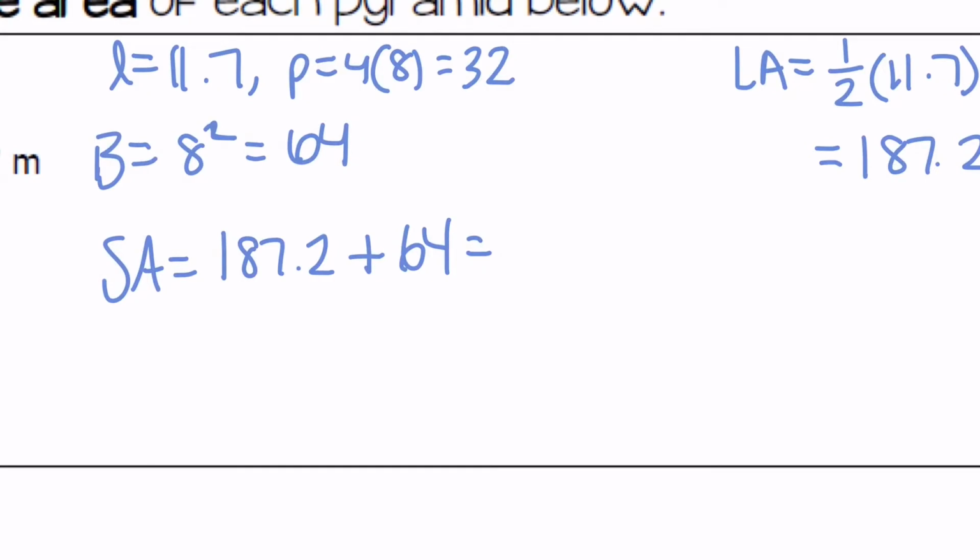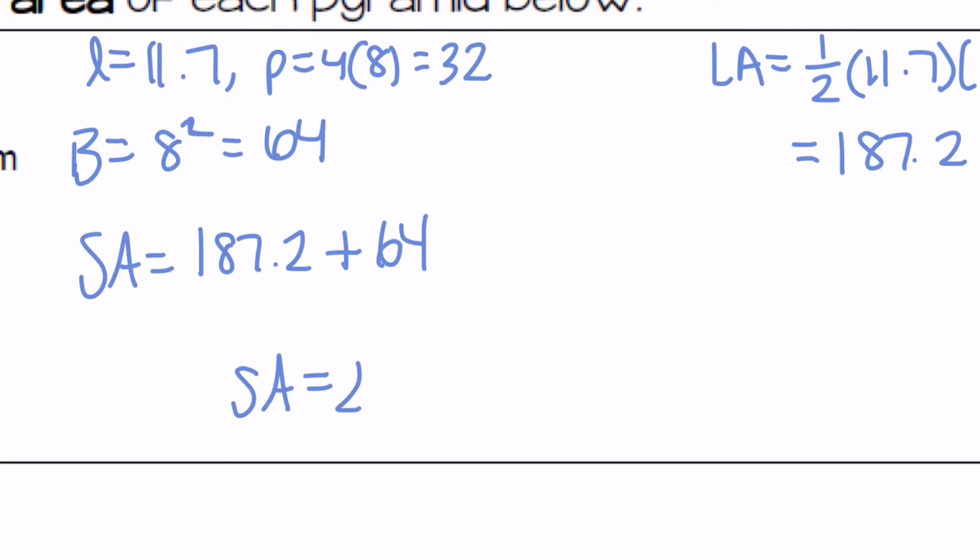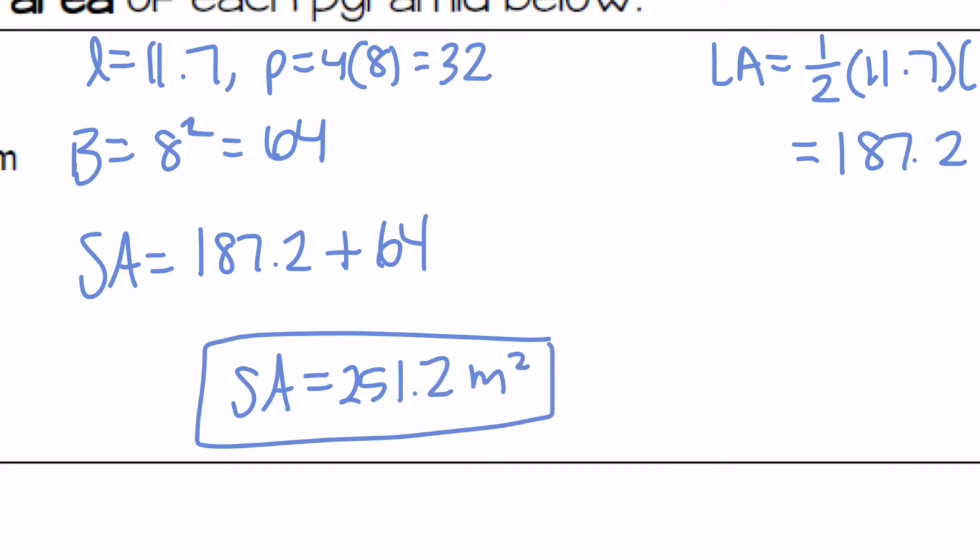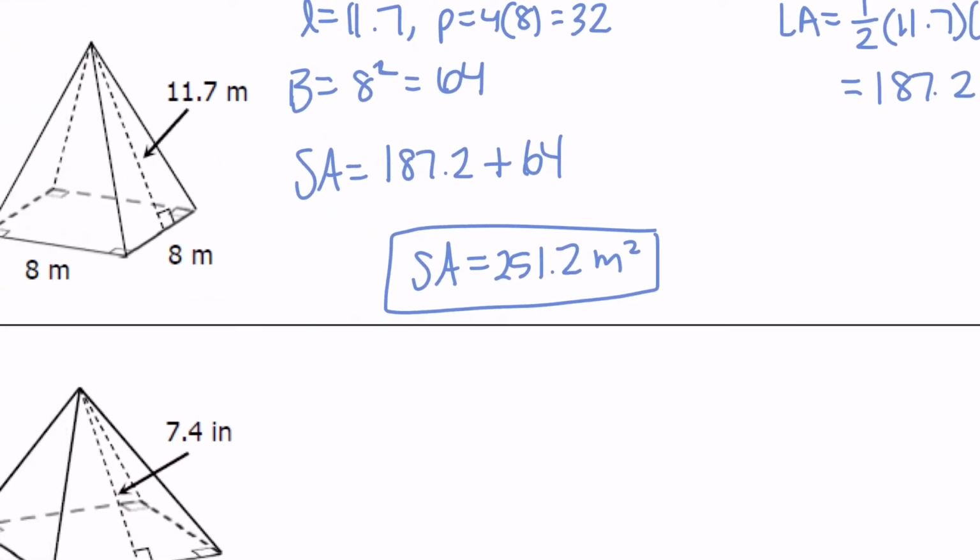That's going to give me a surface area of 251.2 meters squared. Again, we're still dealing with area. Even though we're dealing with three-dimensional shapes, we're still talking about surface area, the area all around the outside. It is still meters squared.